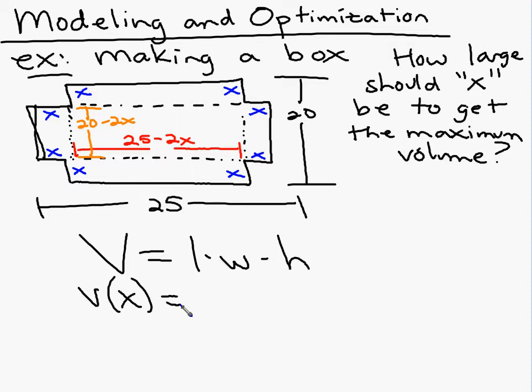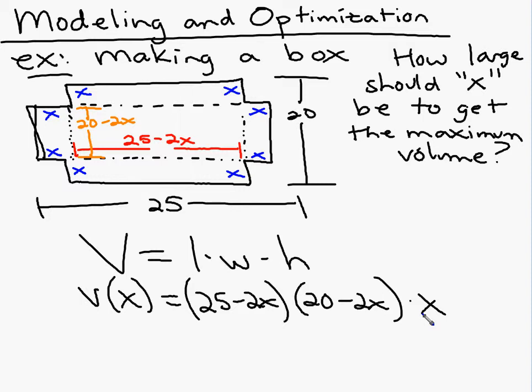The length of the box is going to be 25 minus 2x. Better put that in parentheses since it is a sum or difference, times the width, which is 20 minus 2x. And what is the height of the box going to be? Plain old x.